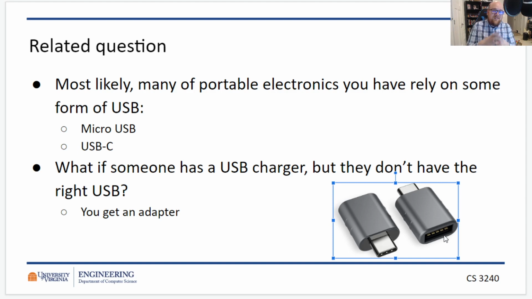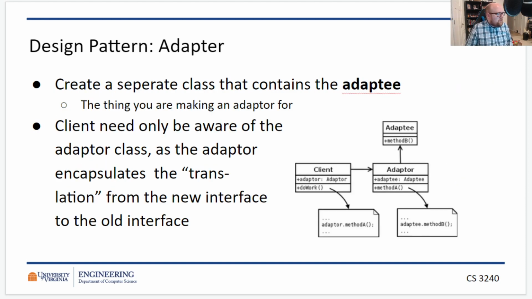That way your existing legacy charge cables, which rely on the standard US 220 watt outlet, instead can be used on, say, European outlets or Asian outlets or Australian outlets, any of those, right? That is what we mean by an adapter.